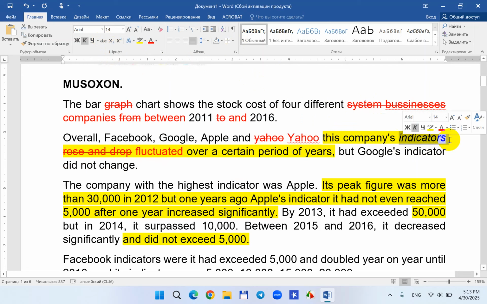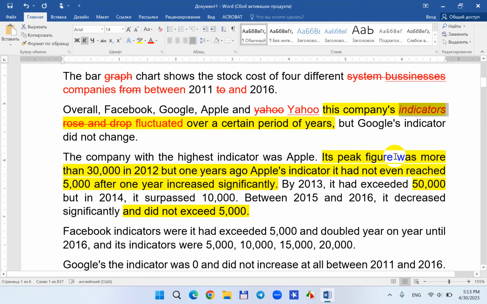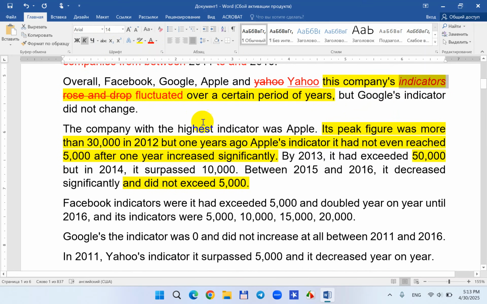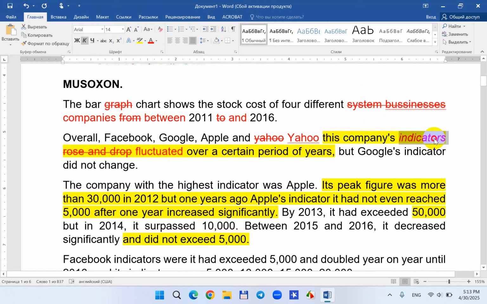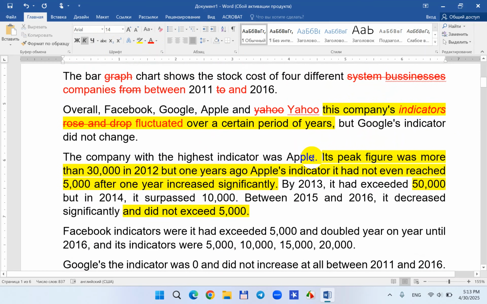That's why I'm gonna mark it with red, because you are overusing, you have to change it. Maybe you should change it to company's value.